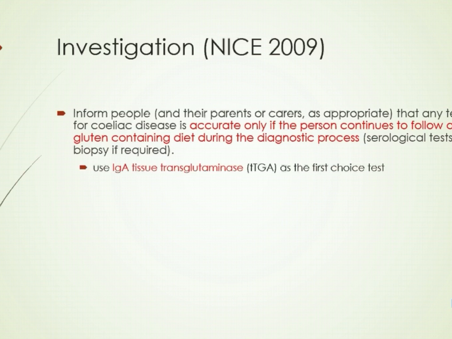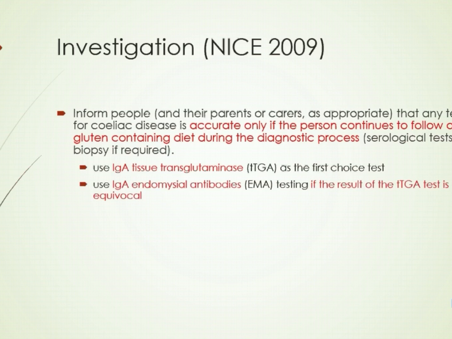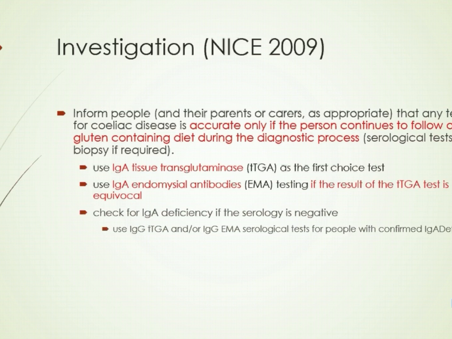The first choice test is an IgA tissue transglutaminase. If this result is equivocal, then you can also use an IgA endomysial antibody test. If both tests are negative, and you still suspect that this person may have celiac disease, they may actually have an IgA deficiency.